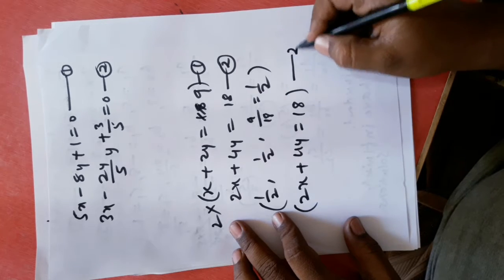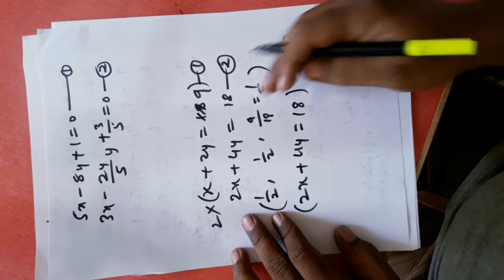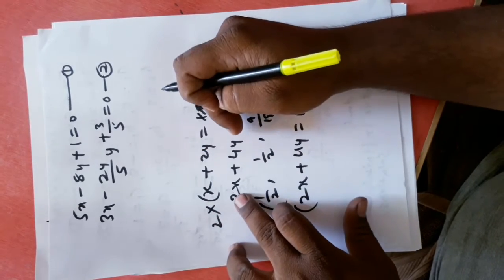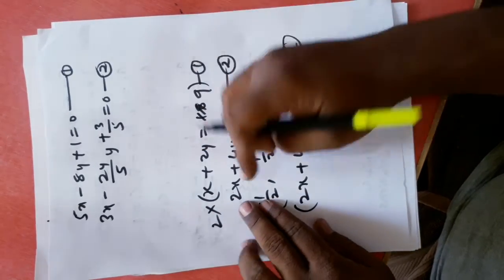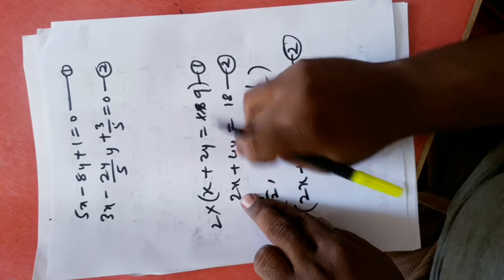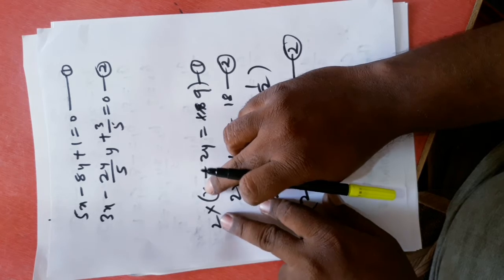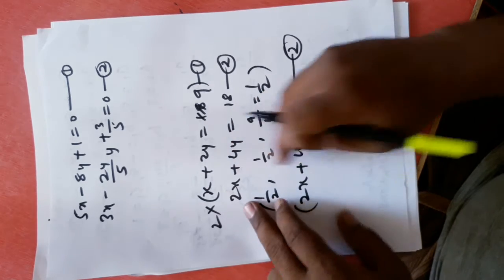This is nothing but equation number 2. That means one equation can be derived from the other equation. Or if you divide equation 2 by 2, we will get equation 1.